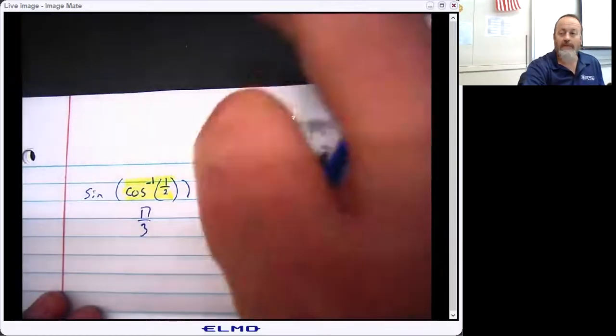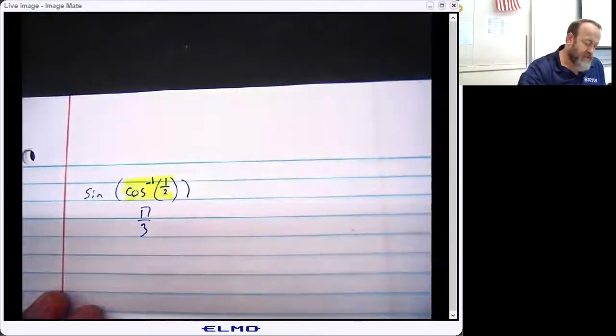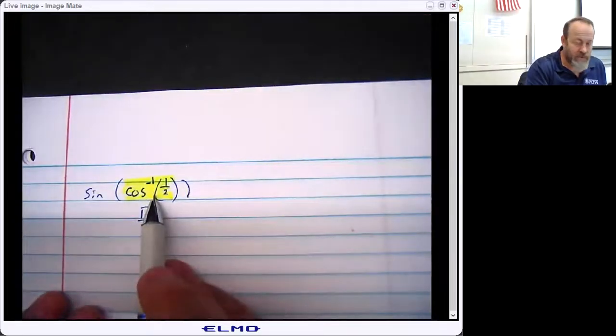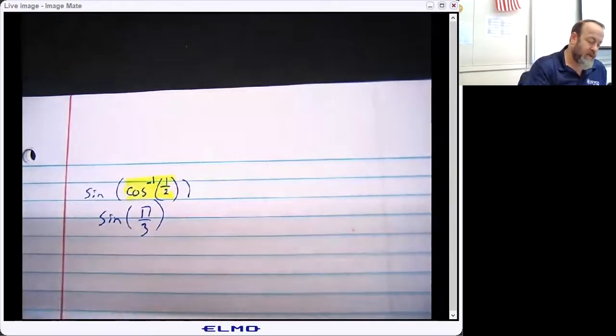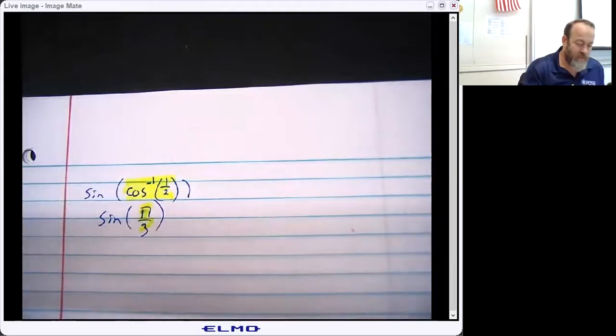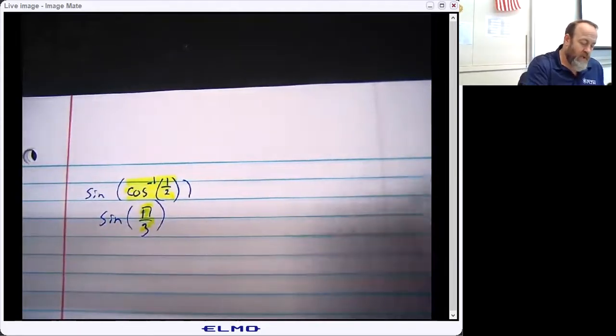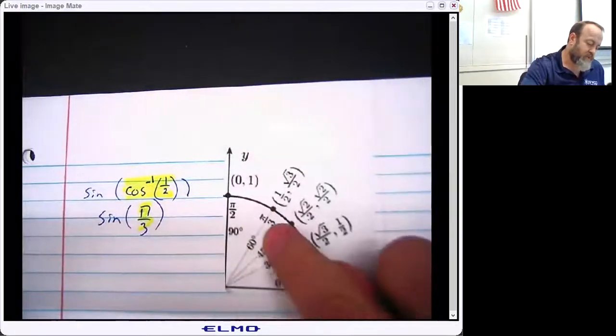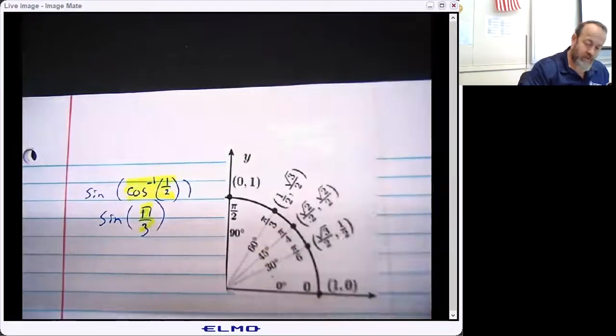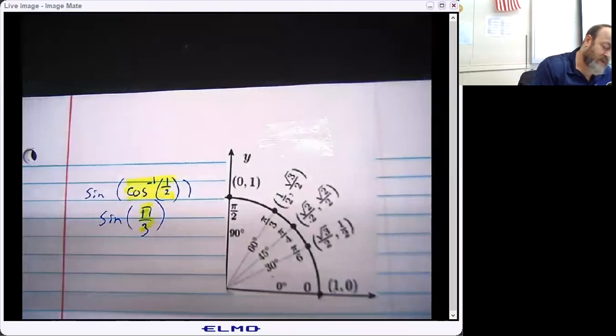The cosine was defined in first or second, and since this is positive, it's first quadrant. So now the answer to this part is the angle, but now I'm saying, by the way, what's the sine of that angle? What is the sine of pi/3? The sine of pi/3 is the y value, and it's √3/2, and that's my answer to that question.